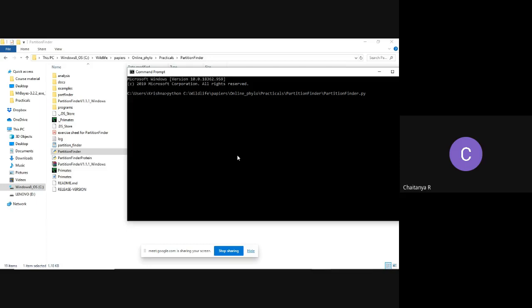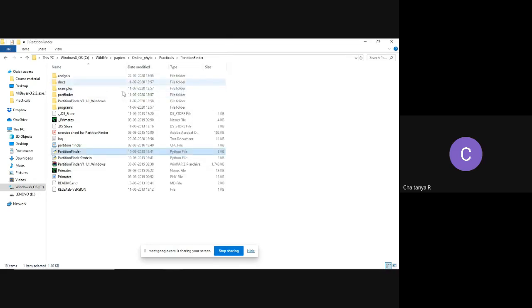The only parameter that PartitionFinder takes is the folder in which your config file and your alignment file are, right? So that is this present folder that you can see on my screen. You can see that there is a config file over here, and there's also a primates alignment file over here, of which I want to find the models for, right?